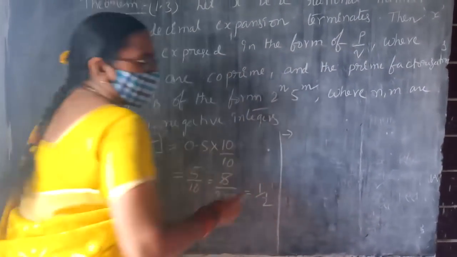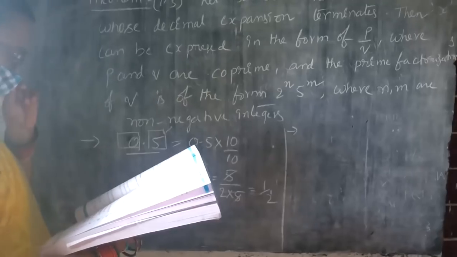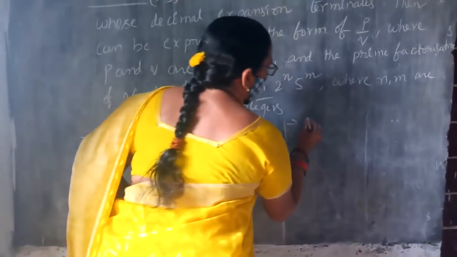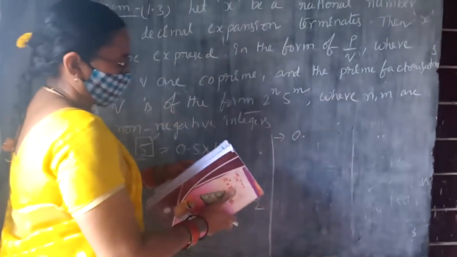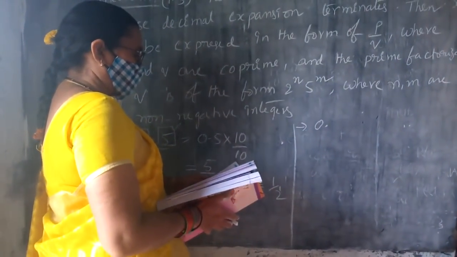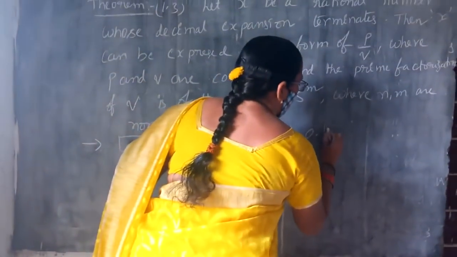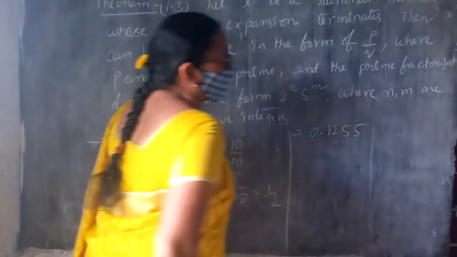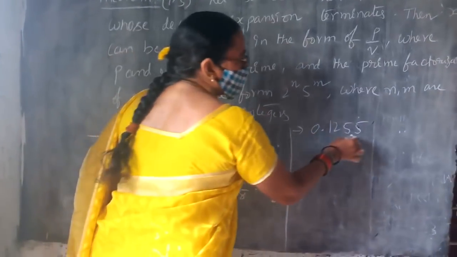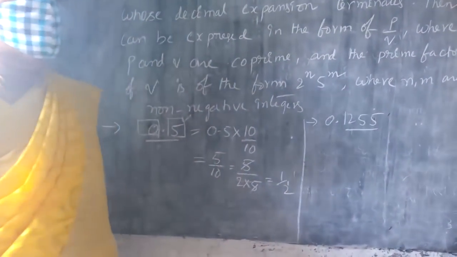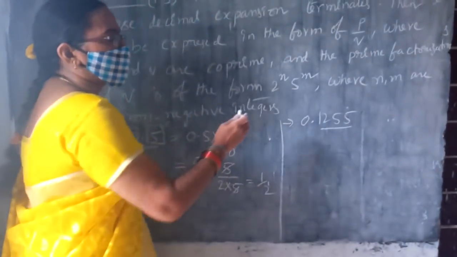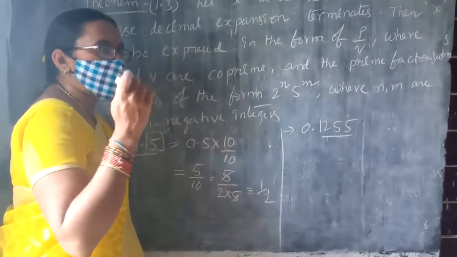See one more example for this, children. 0.1255. How many decimal digits are there in the decimal part? 4 digits. So how many tens do we use to multiply this decimal number? 4 tens.